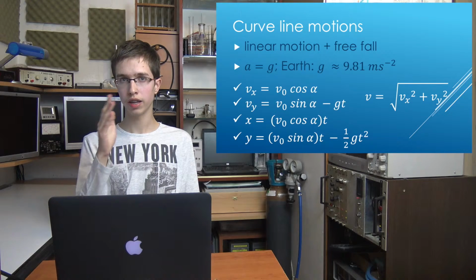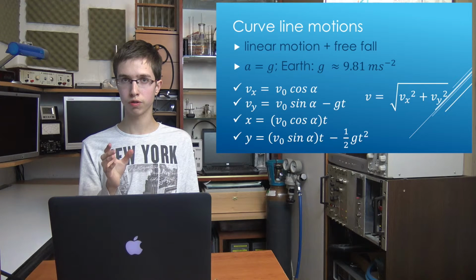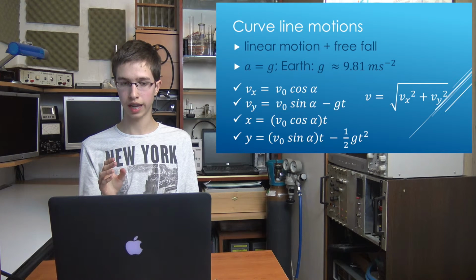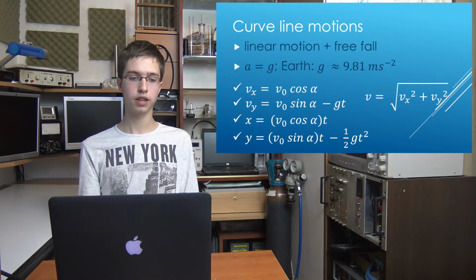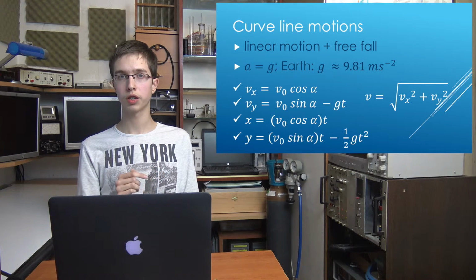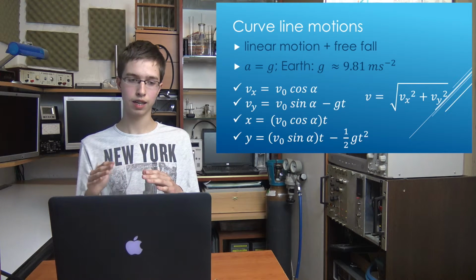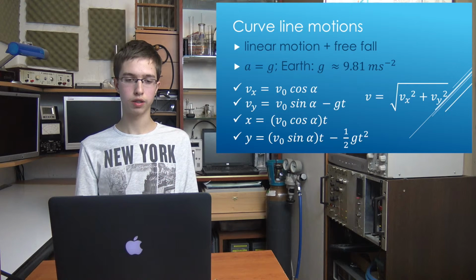And acceleration in every case is equal to g, so that is the acceleration of the planet's g force, of the planet's gravitation force, and for Earth, g is approximately 9.81 meters per second squared. And from the right-angled triangle, we can see the relations of sine alpha and cosine alpha, and from them derive the formulas for Vx and Vy, which are the velocity of the body in x and y-axis direction, and also put that into a formula after the Pythagorean theorem, which is this one, right?